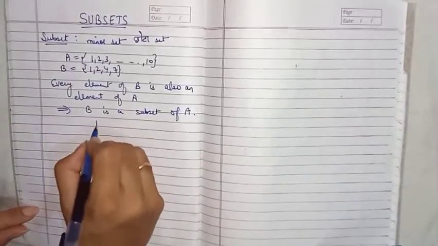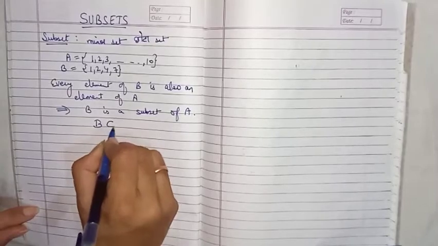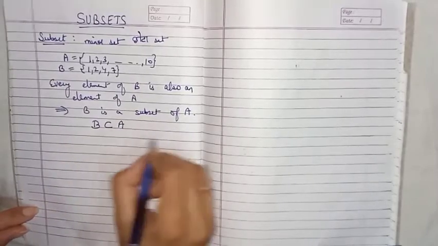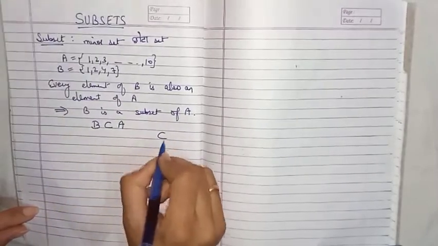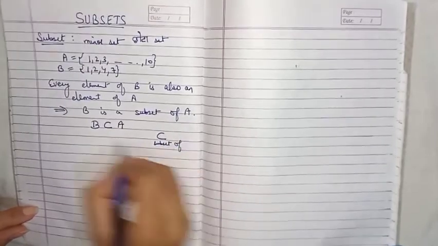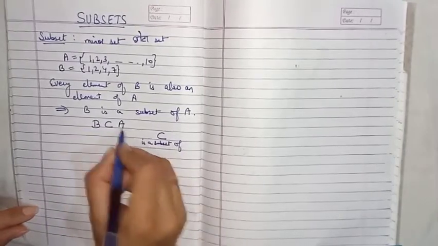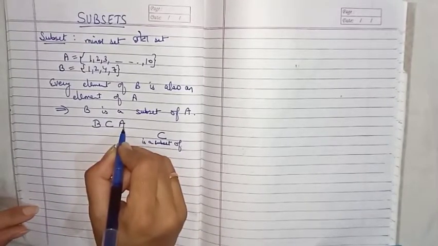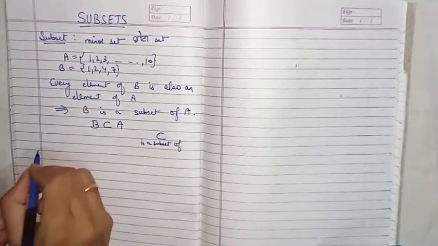Mathematically I can write this as B ⊂ A. This is the symbol for subset. I can read this as "is a subset of". B is a subset of A. Let us take one more example.